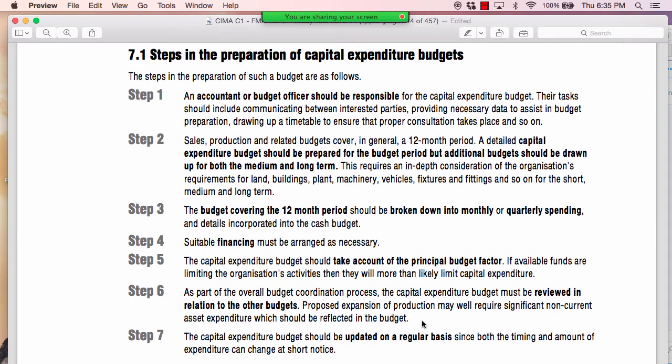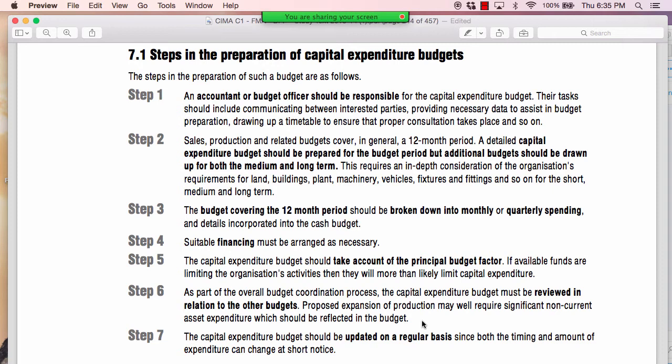And then you need to say what the capital expenditure is for. We should prepare the capital budget for medium and long term. We should also look at the financing aspect of it. The capital expenditure budget should take account of the principal budget factor.